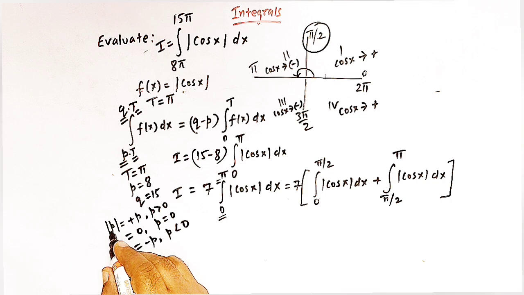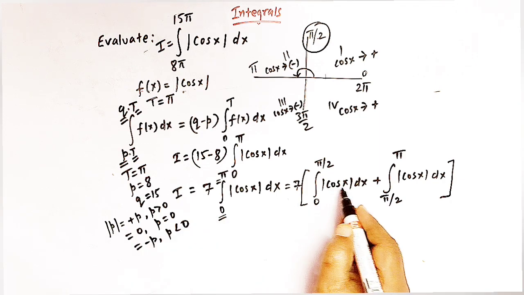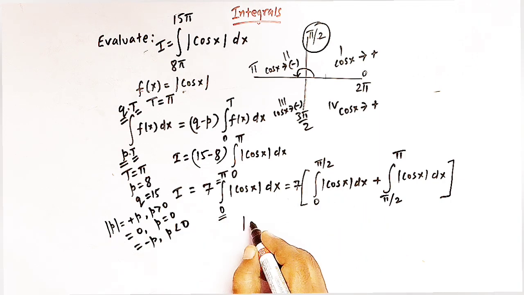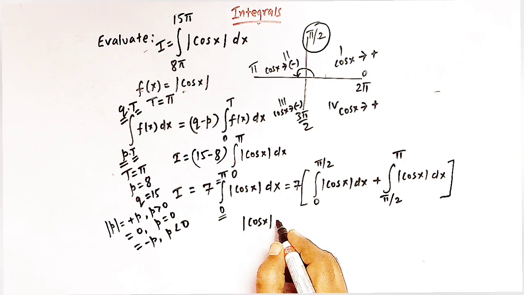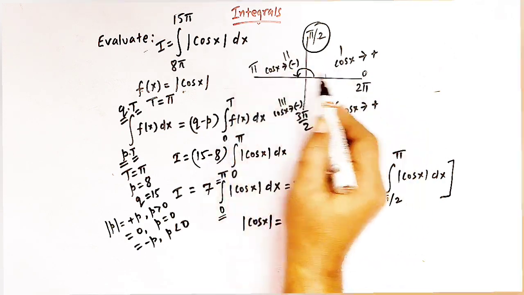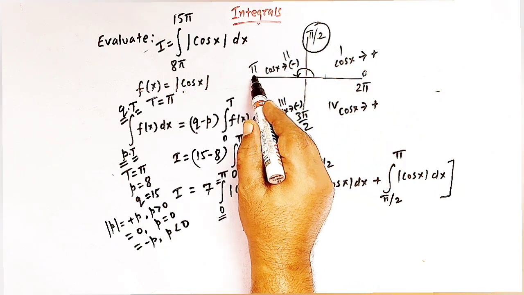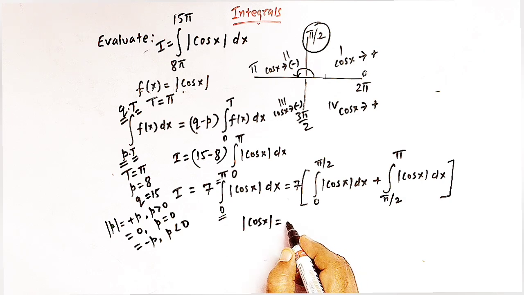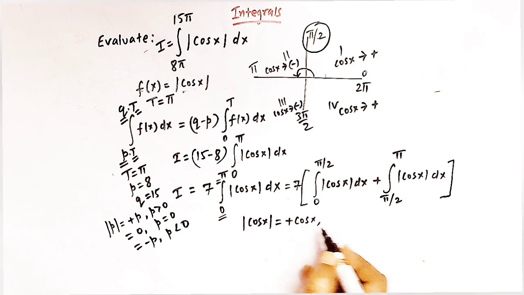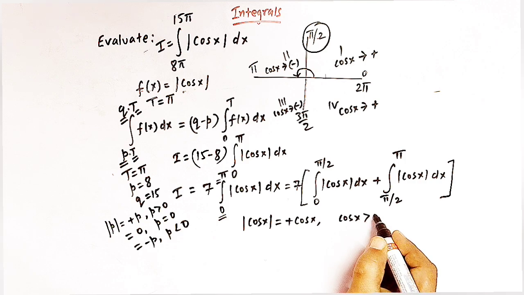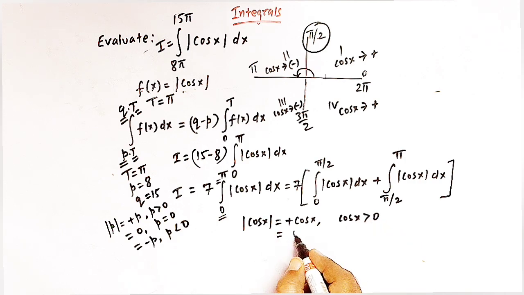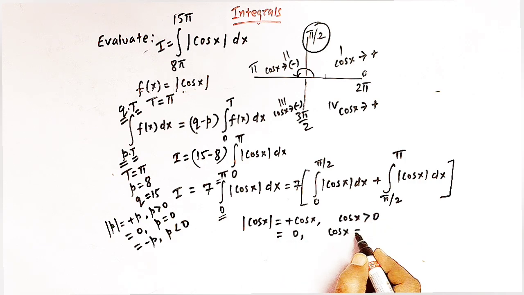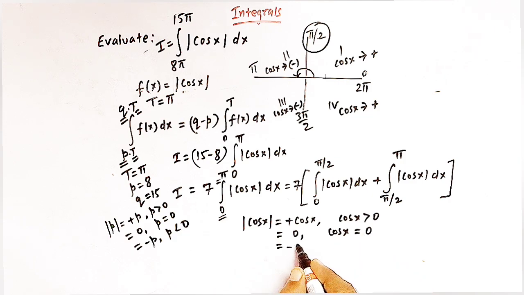So now if we replace p by cos of x, then the definition of mod cos x in the interval 0 to pi, since we are considering only that interval, is: mod of cos x is positive cos x whenever cos x is greater than 0, mod of cos x is 0 whenever cos x is equal to 0, and mod of cos x is negative cos x whenever cos of x is less than 0, right?